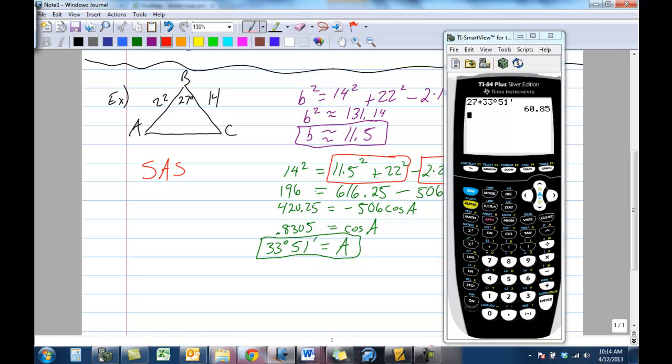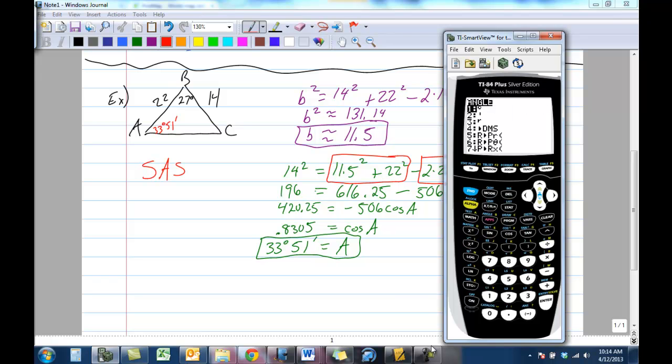angle B plus this 33 degrees, 51 minutes only adds up to 60 degrees. In a triangle, what is the sum of all three? Be 180, right? So it's going to be 180 minus the sum of these two, which was 60.885. Right? But here's the thing. Just to save us some time, we're going to DMS this as well.